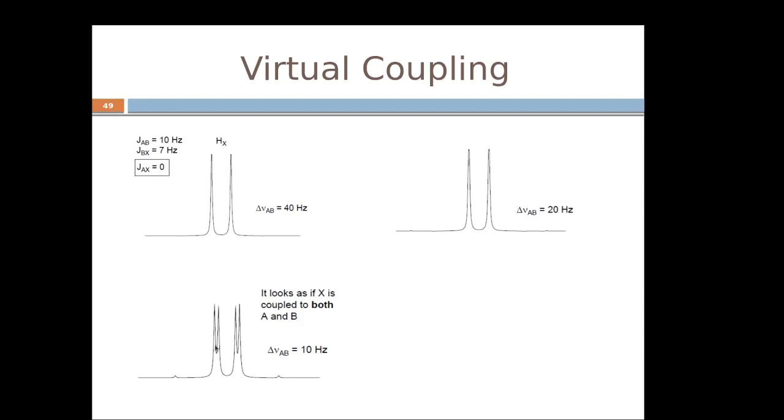Right now we can see the effect of coupling between A and X nuclei, which happens virtually through the B nucleus. Once the separation between A and B is reduced to 5 Hertz, you can see that this splitting becomes more prominent, as if X couples not only with the B nucleus but also with the A nucleus.